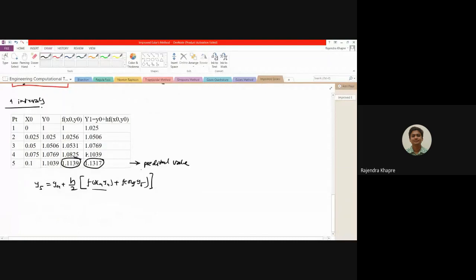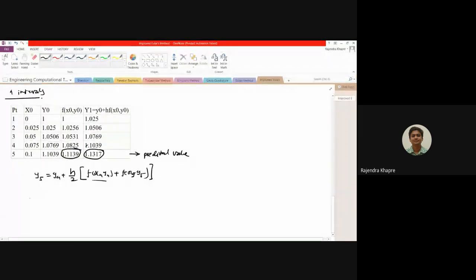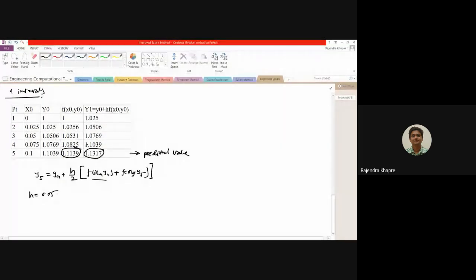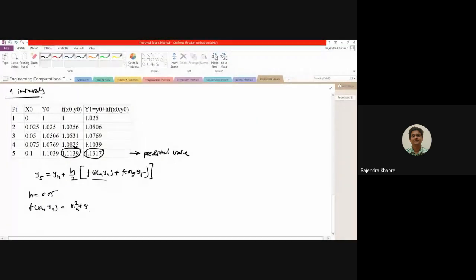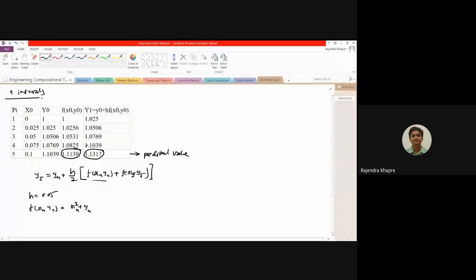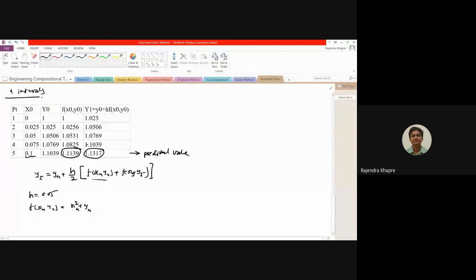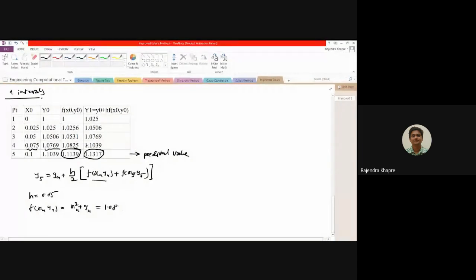Here you already know the value of h as 0.05. Then f of x4 and y4 is nothing but x square plus y, the fourth part, for which we have used these values. Let me erase this. This value, I think you have already calculated, 1.0825.